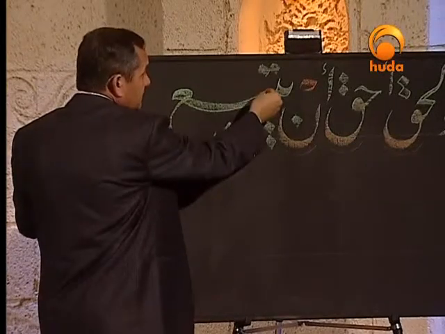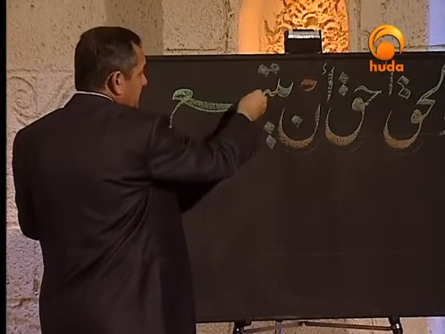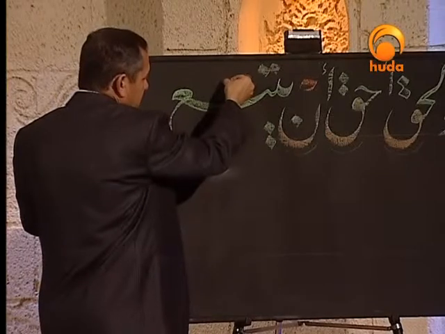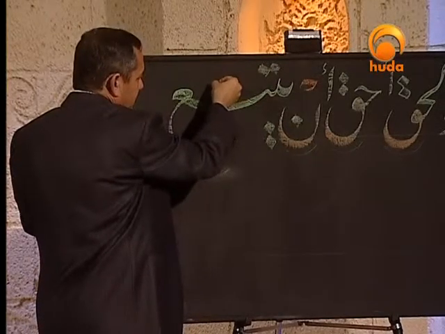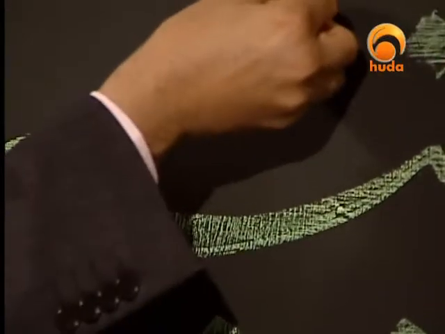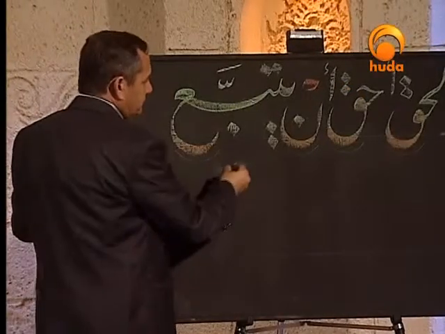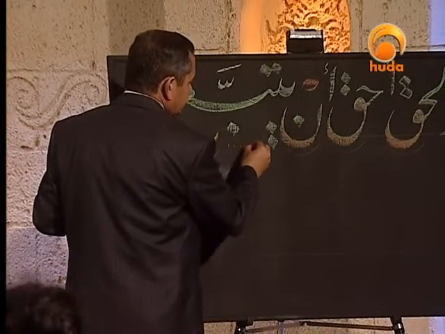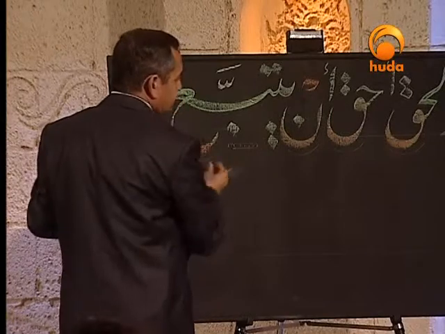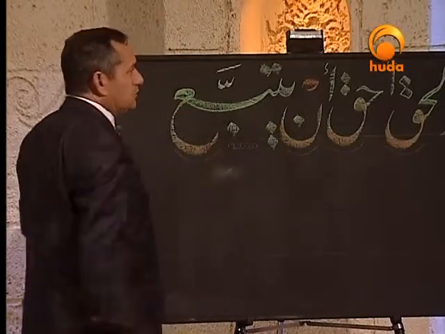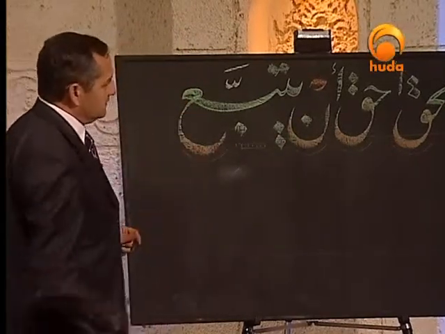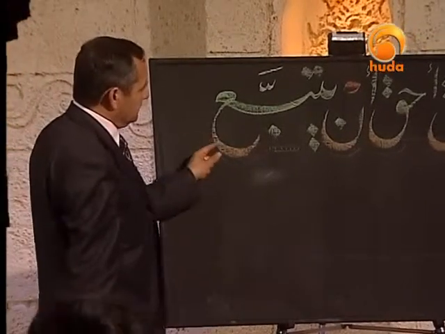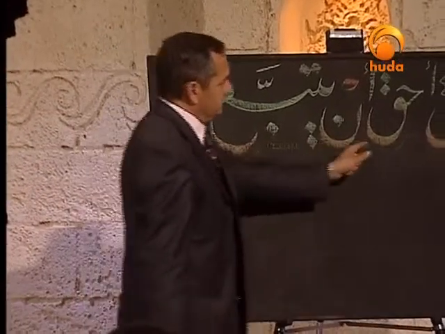And the reading has tashdid, compacting, so I should do the compact intonation like this. يتبع. And if there is any signature, I can put it here in this space. So it looks a very nice piece. Harmony, shapes together.